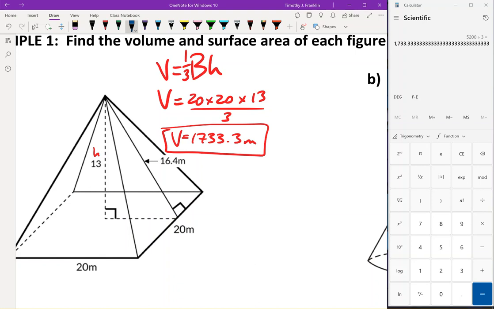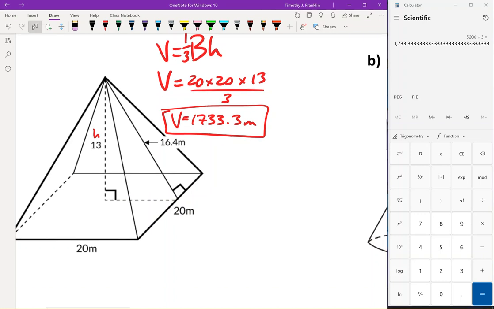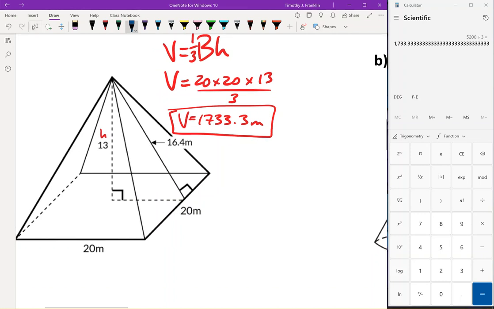Now, surface area, we have 5 sides to add up, 4 triangles and 1 square. The square is pretty straightforward, right? It's 20 by 20. So the area of the square equals 20 times 20, which is 400. Now we have 4 identical triangles, so we can just find that once.